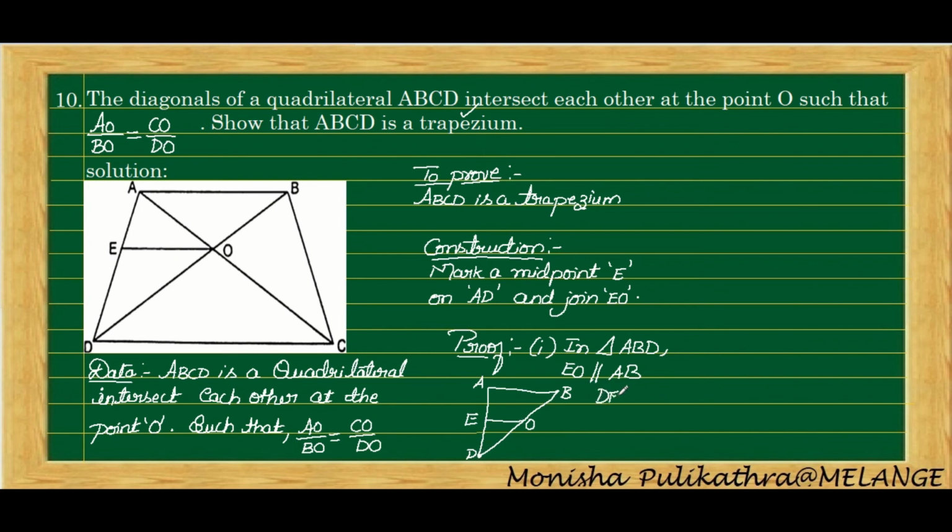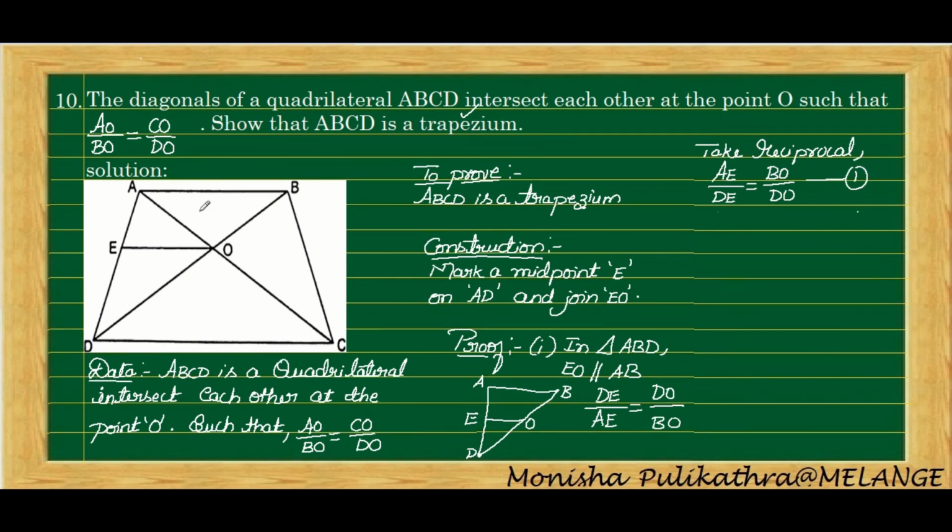Therefore, it will become DE by AE is equal to DO by BO. Okay. So after this, we need to take the reciprocal of it. After taking the reciprocal, it will become AE by DE is equal to BO by DO. Let this be equation number 1.